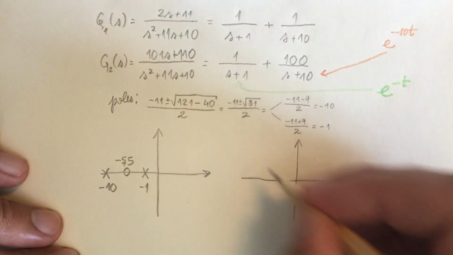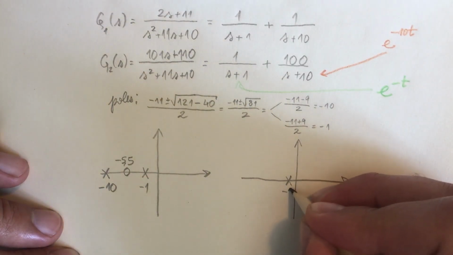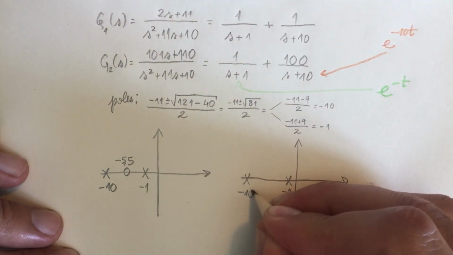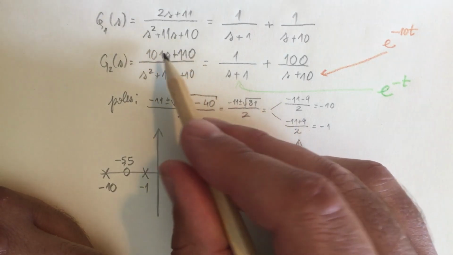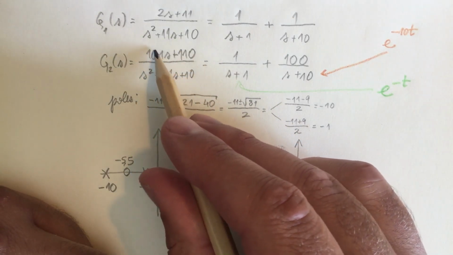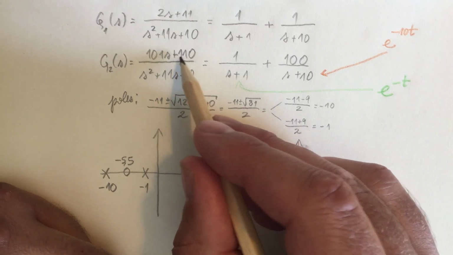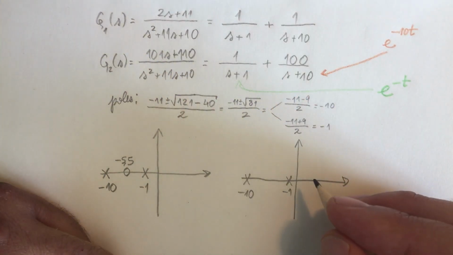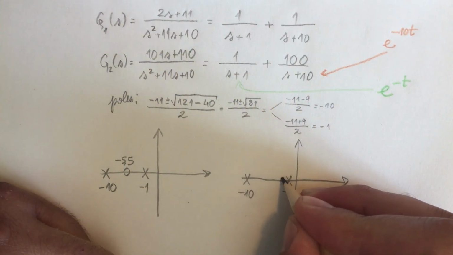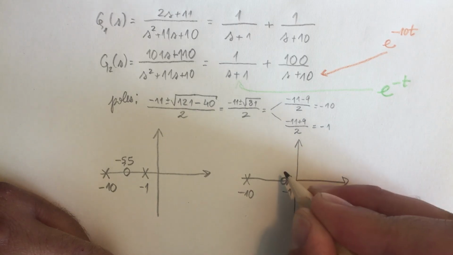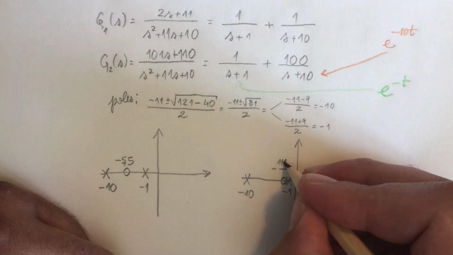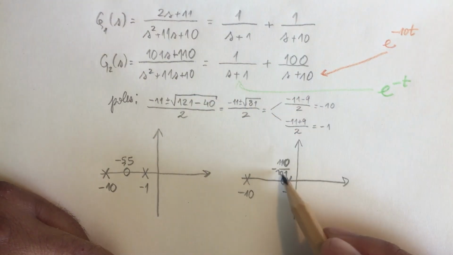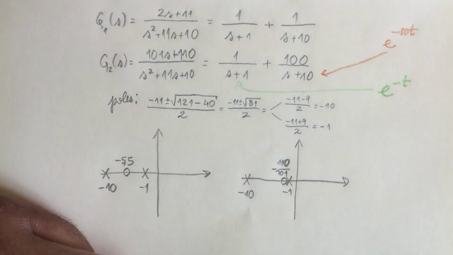In this case here, the 0 is at minus 110 divided by 101. That is more or less minus 1.1. Very close to this pole here, the effect of which will suffer a strong perturbation because of the 0.